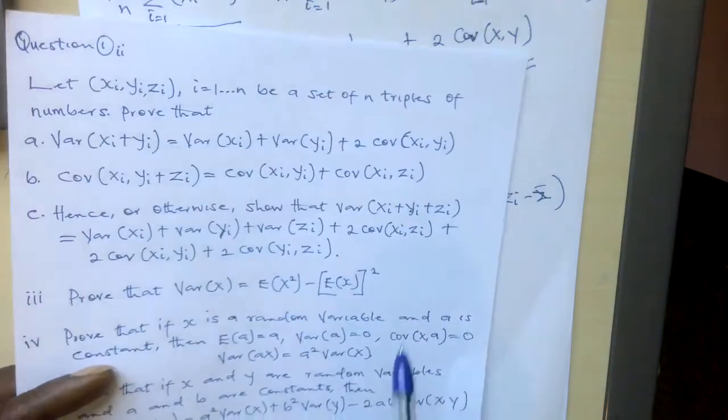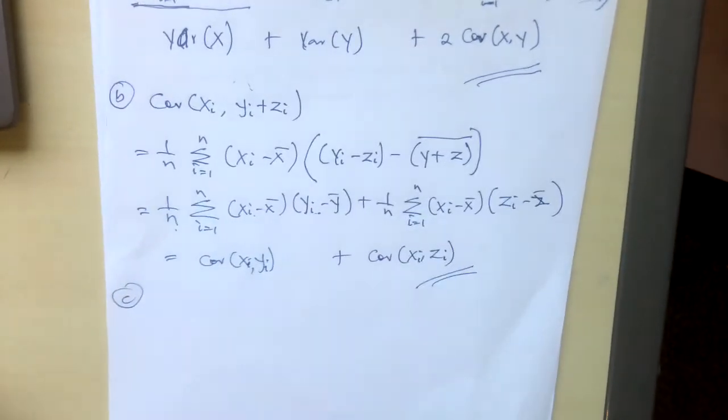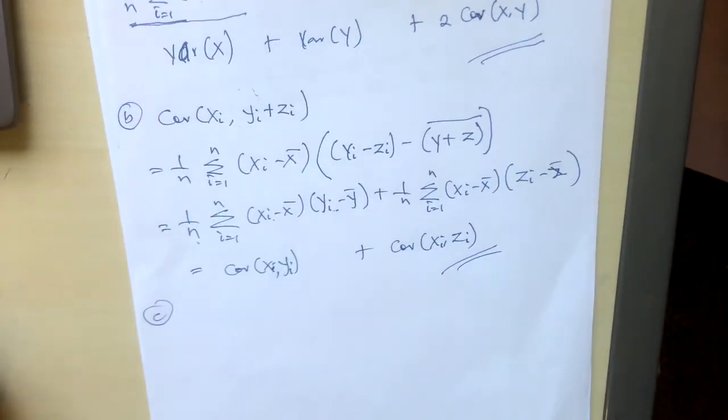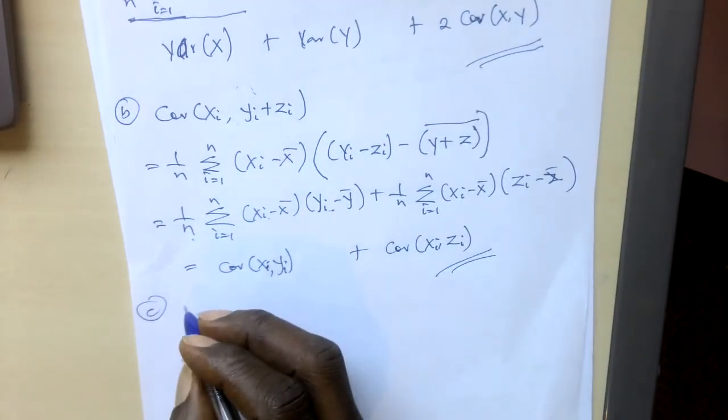The first thing is to expand this. Let's expand that. You can use some of the solution from the A part and the B part to arrive at what we are trying to arrive at in the C part.